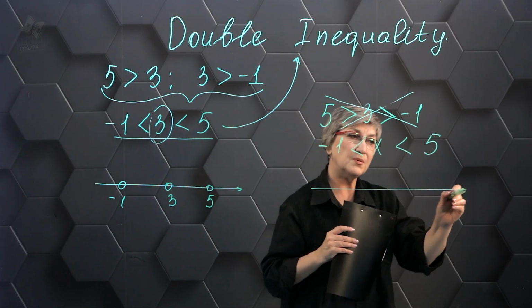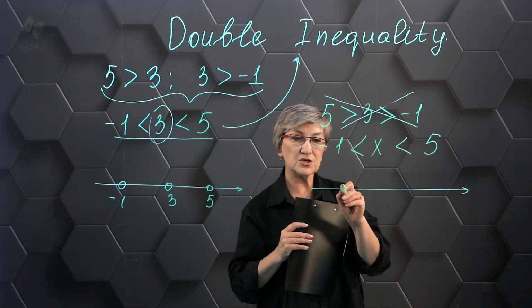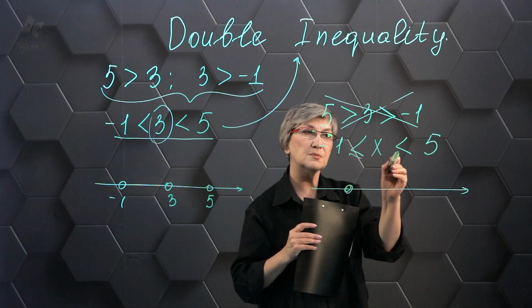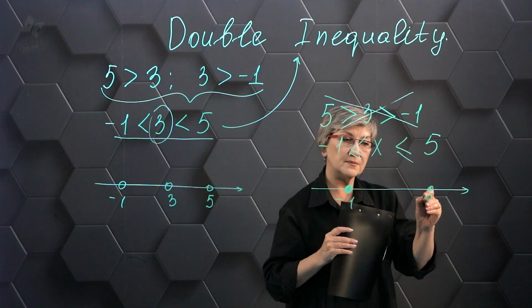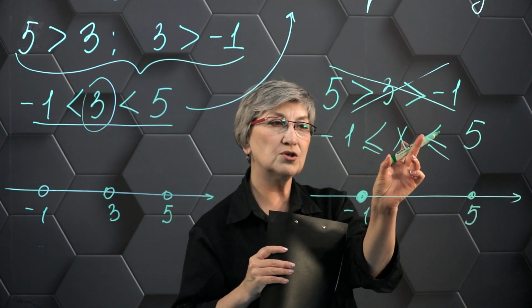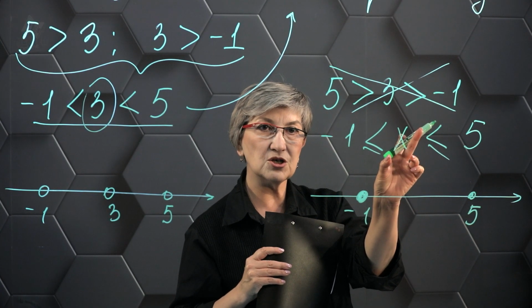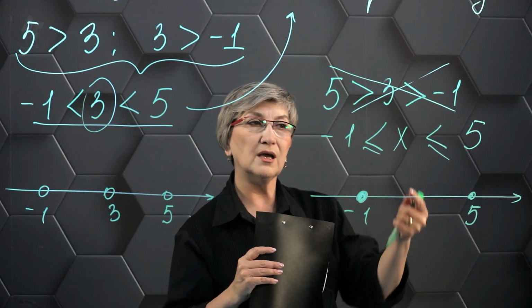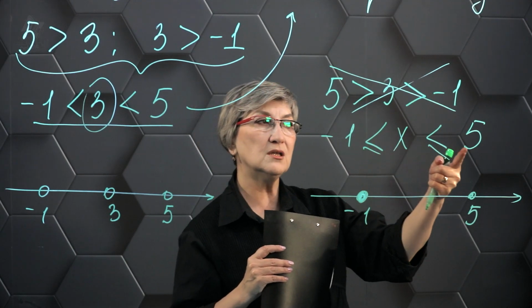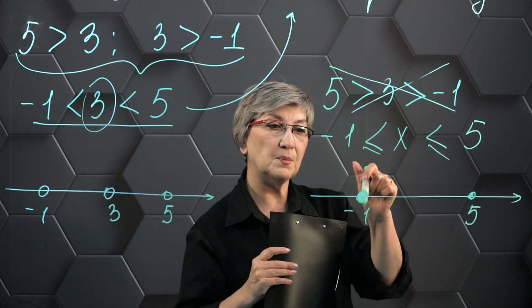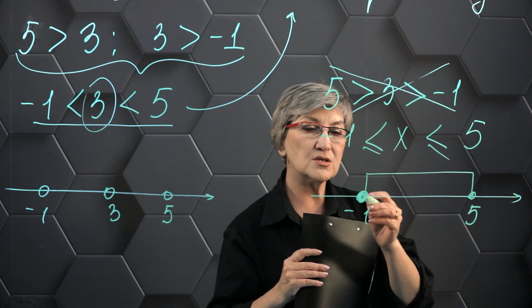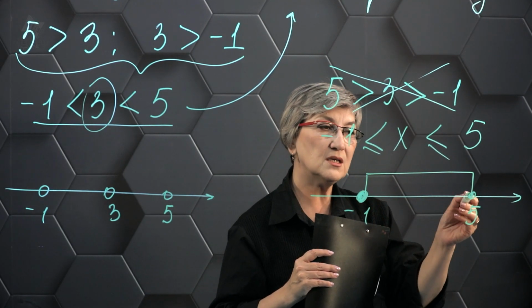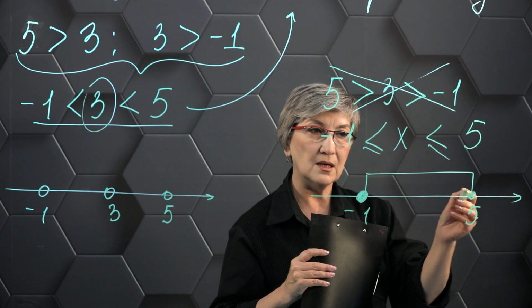On the line, I will show two numbers. This one, let's set it to be greater than or equal to -1 and the number 5. Next, we need to determine all values of x that are greater than -1 but less than 5. We understand that these numbers are located between the number -1 and the number 5.